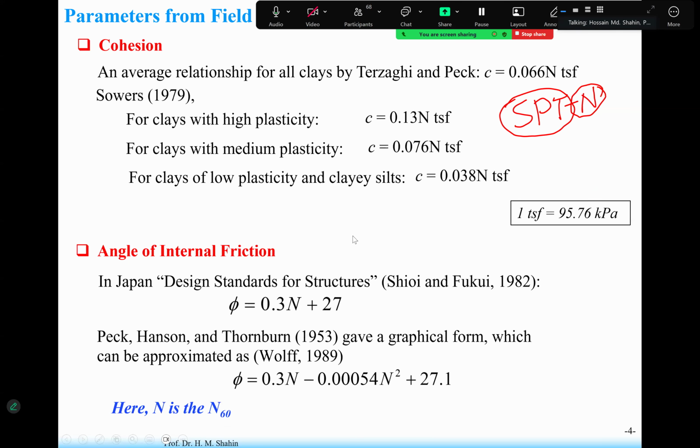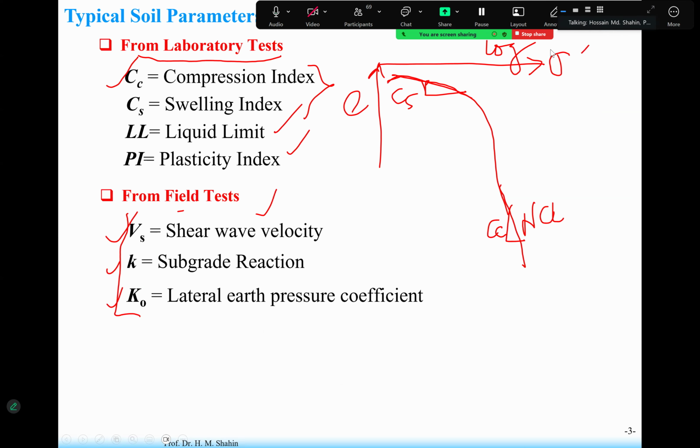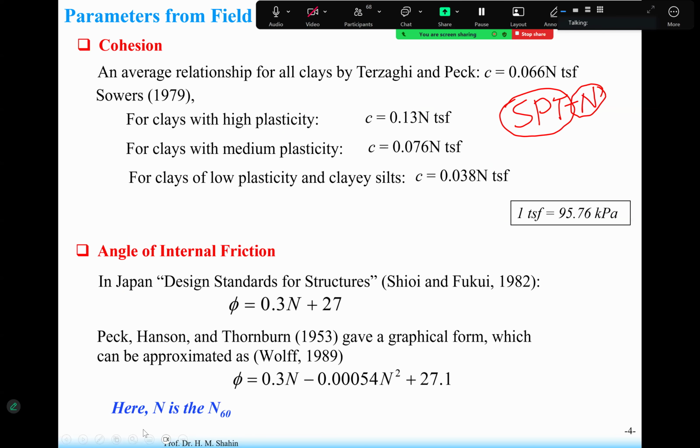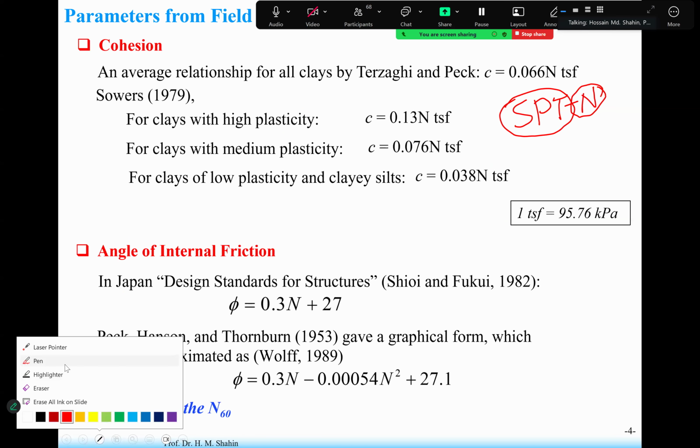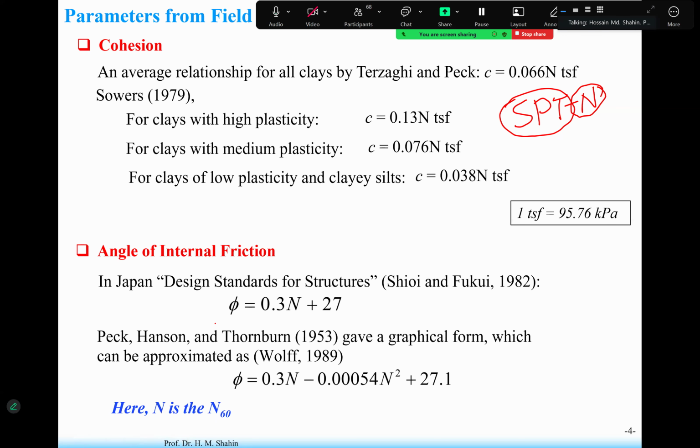Parameters is here. Okay. So this N value, usually we use N60. N60 means 60% energy release.